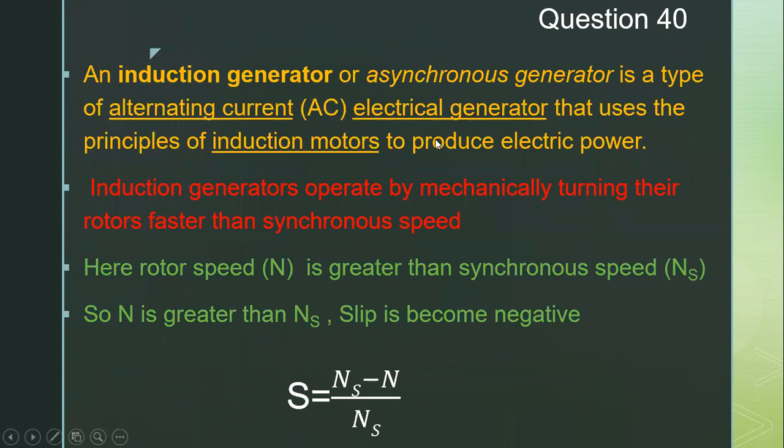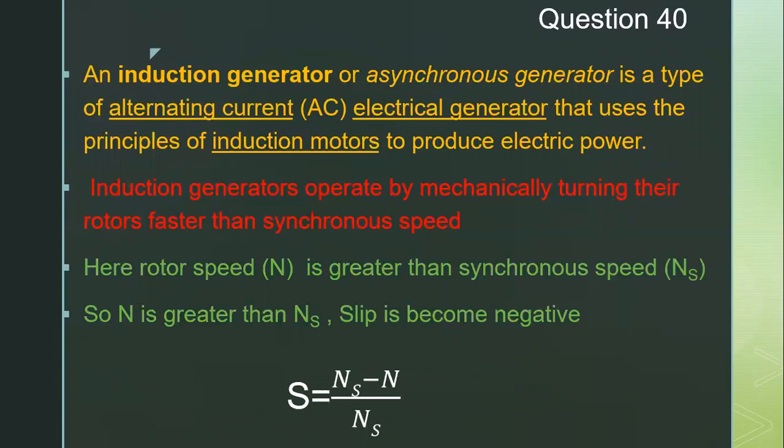It uses the principle of the induction motor to produce electric power. Induction generators operate by mechanically turning their rotor faster than the synchronous speed. In the induction motor, the rotor runs below the synchronous speed, but here you rotate the rotor by some mechanical arrangement at greater than the synchronous speed.